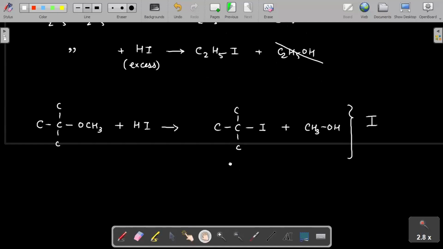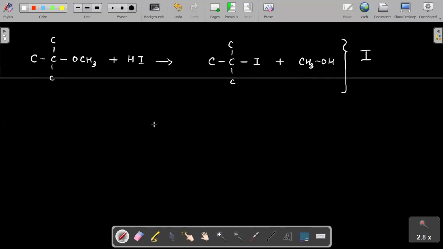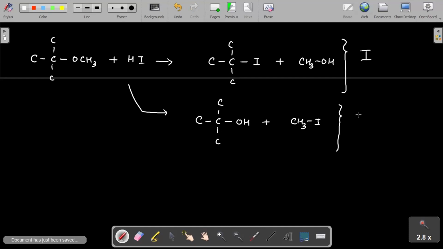You may think there is another possibility for the same reaction. There is a possibility that we may get the tertiary alcohol and methyl iodide. So we have another set of products here. Which reaction is the correct one here? Now, because here the iodide is going to attack, so what will happen?